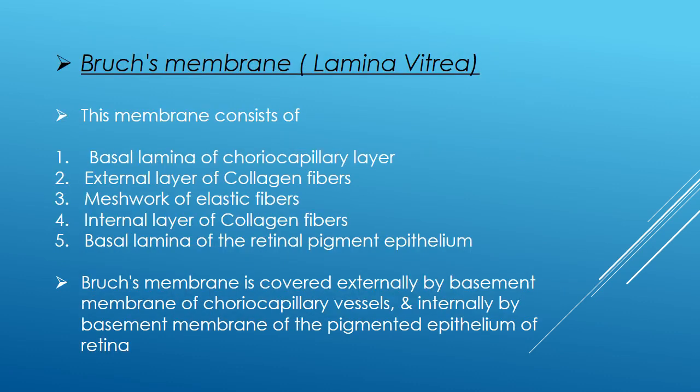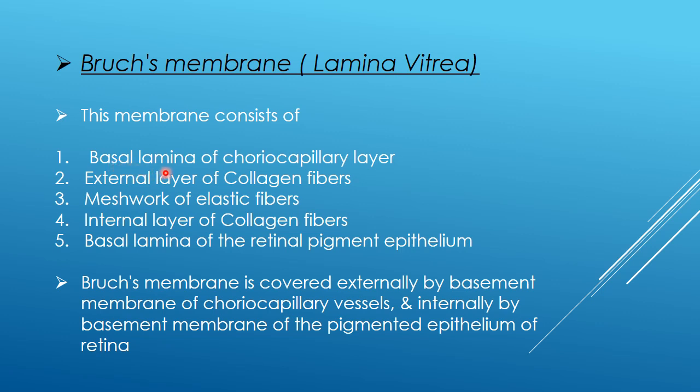Then next is the layer which is the Bruch membrane, or lamina vitrea. This Bruch membrane or lamina vitrea appears as a very thin, shiny, homogeneous layer under the light microscope, and it is present on the pigment epithelium of the retina. If you look at its structure in the electron microscope, it is composed of 5 components.